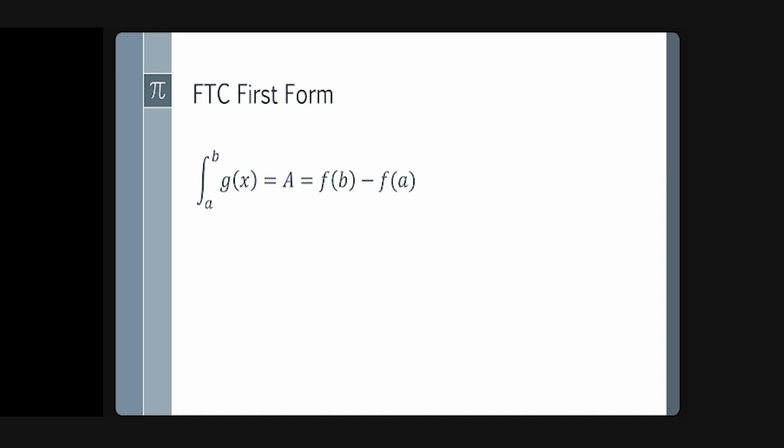Yes, F has to be differentiable. If F isn't differentiable, then F dash x does not make sense. And if it does not make sense, then what will we be calculating the area of? So we need F and we need F to be differentiable, right?